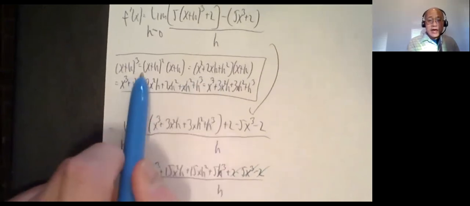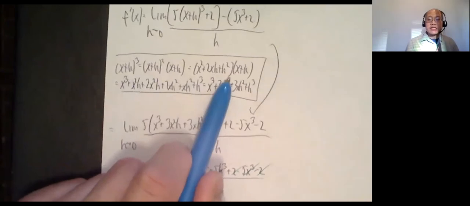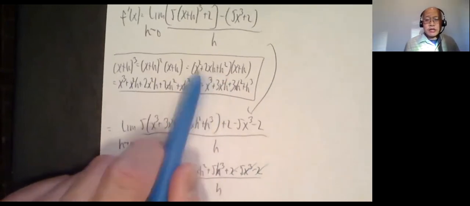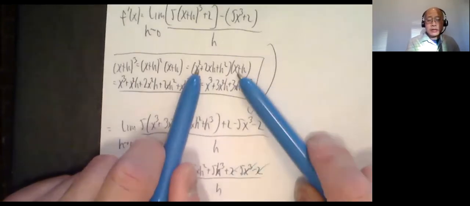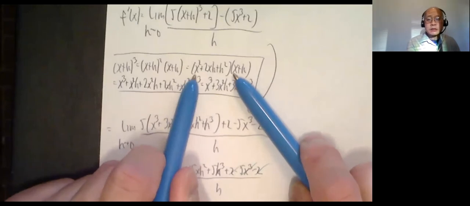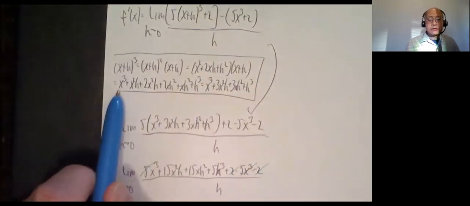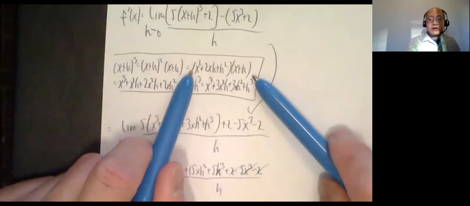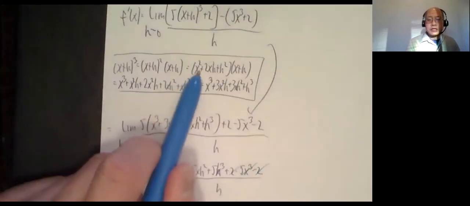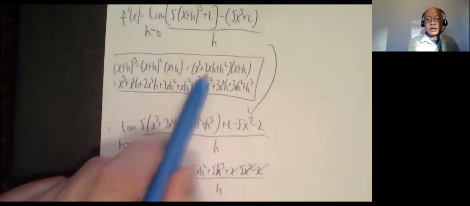Okay, so that's that. And then I multiply by x plus h. I take these three terms, multiply by these. So here we go. X squared times x, x cubed. X squared times h, x squared h. They're all pluses. All you see is plus plus.